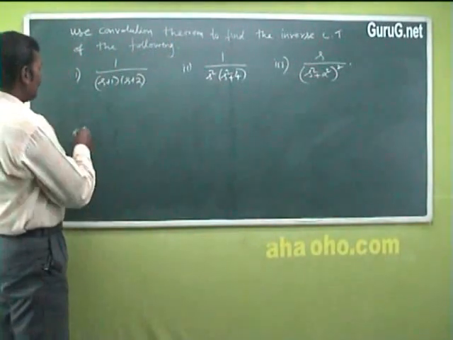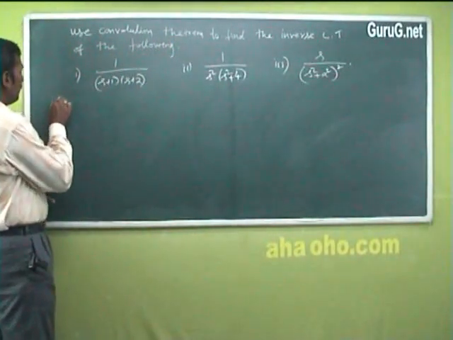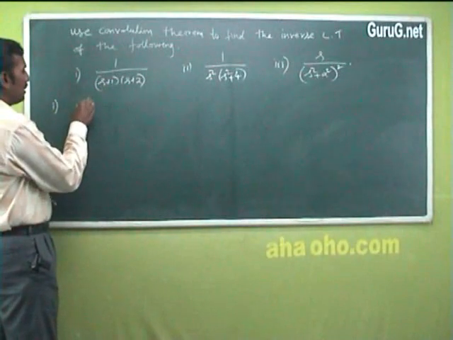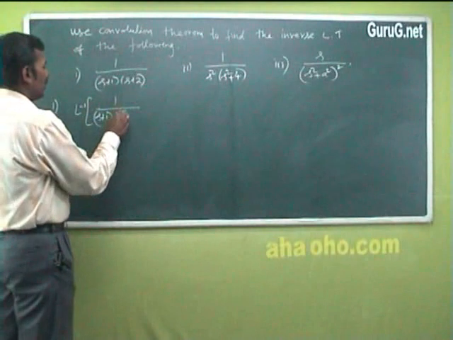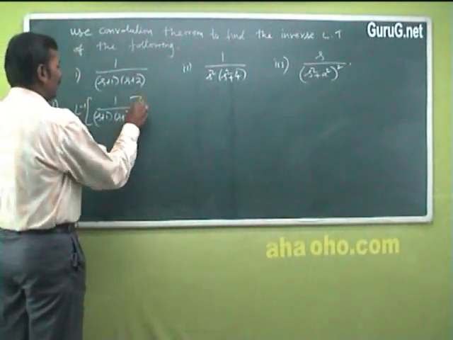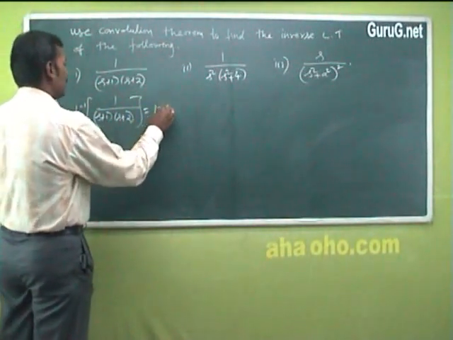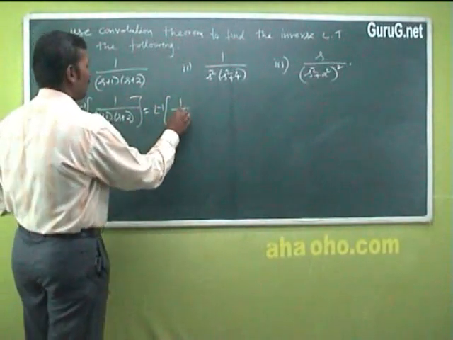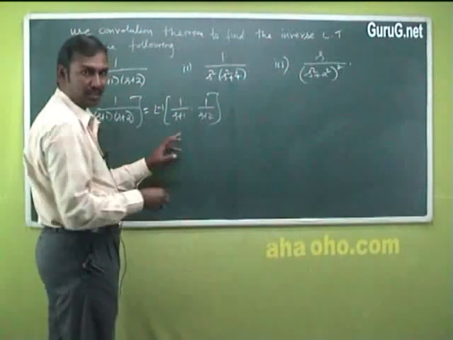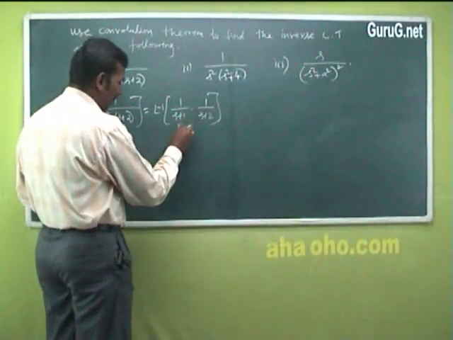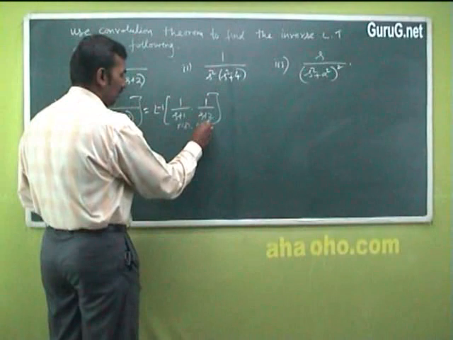For the convolution theorem statement, you take L inverse of 1 by s plus 1 into s plus 2. So I can write this as L inverse of 1 by s plus 1 into 1 by s plus 2. Very clear, this is f of s into g of s.